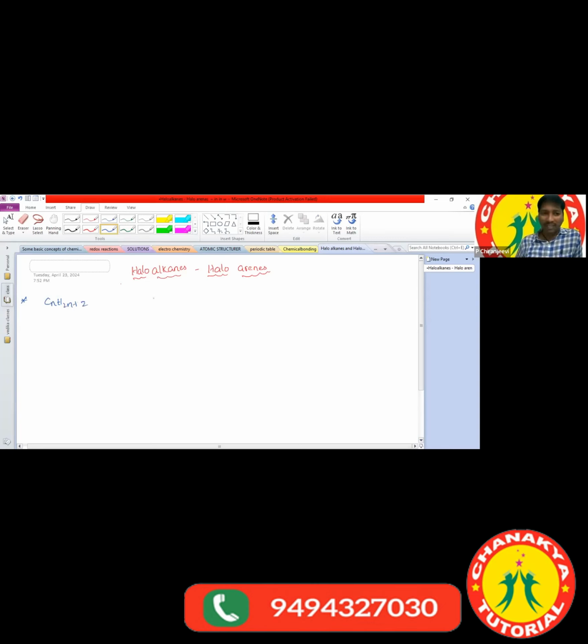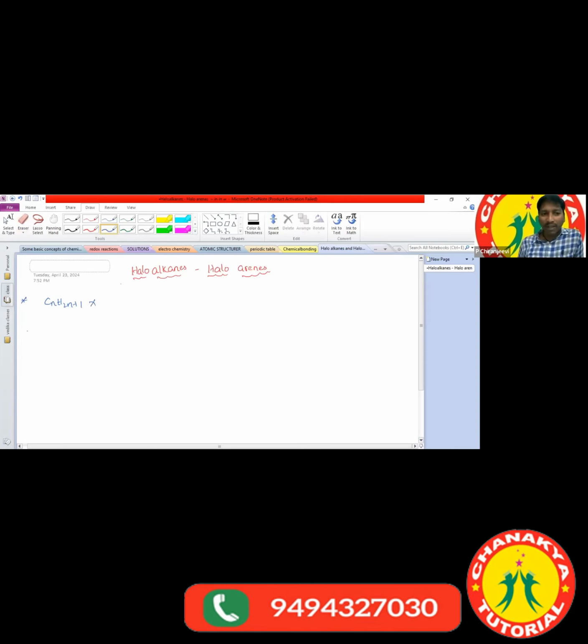The general formula of the alkanes is CnH2n+2. In alkanes, when one or more hydrogen atoms are replaced by halogens, they are called haloalkanes. The general formula of the haloalkanes we can write as CnH2n+1X.